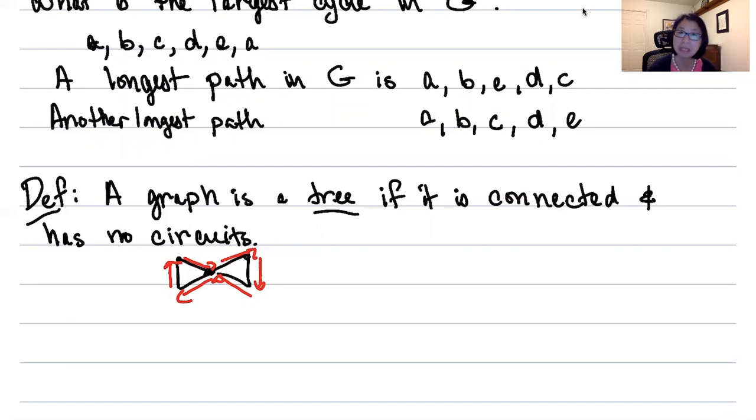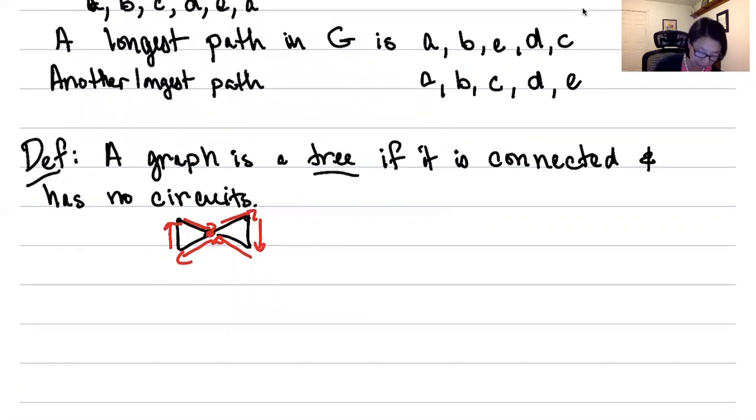The reason it's a circuit and not a cycle is that I see that middle vertex twice, okay? So a graph is a tree if it's connected and has no circuits. Remember, connected means that I can start at one vertex and walk to any other vertex along edges.